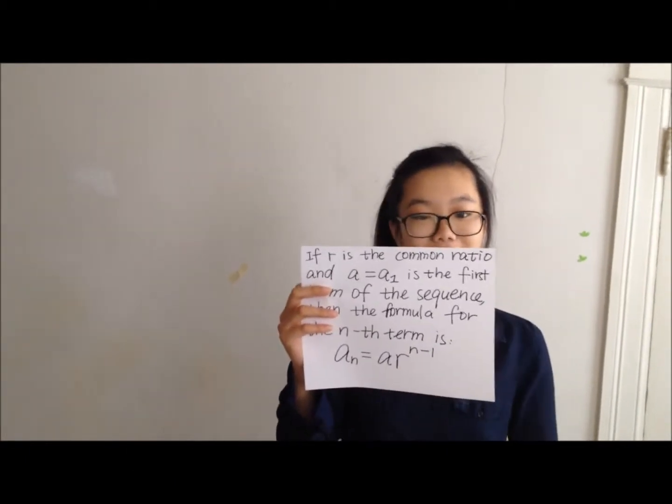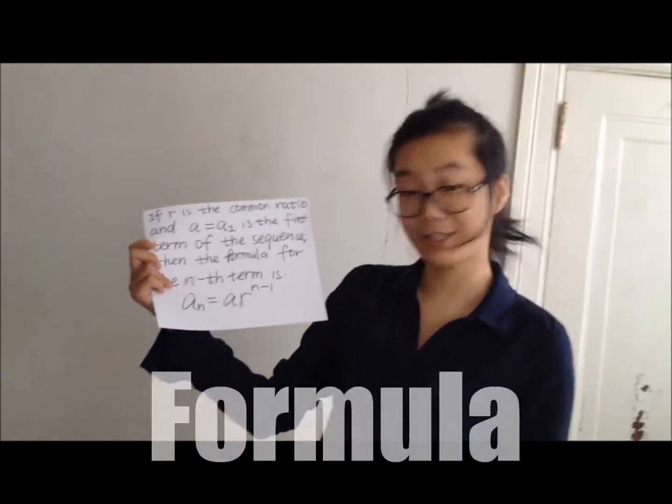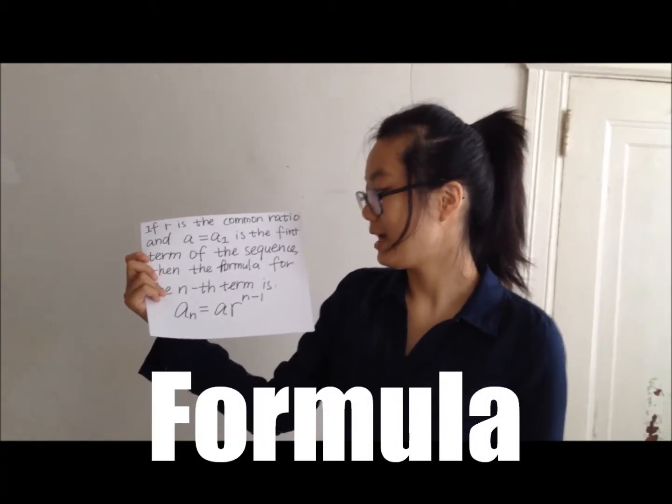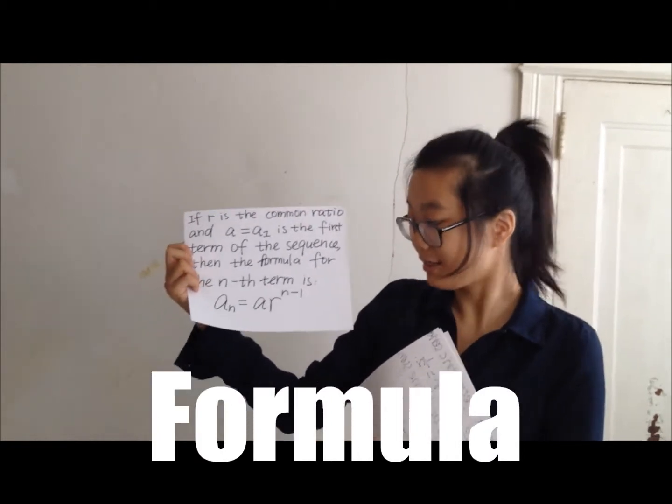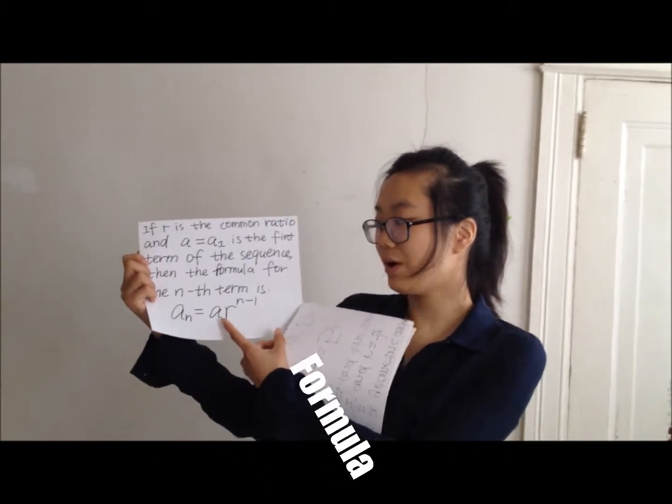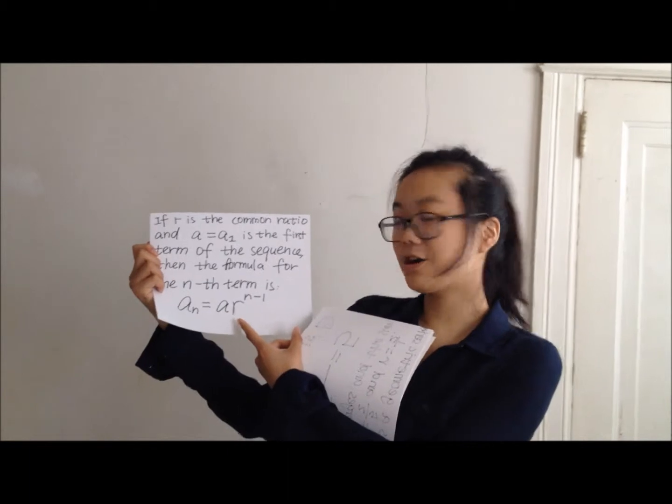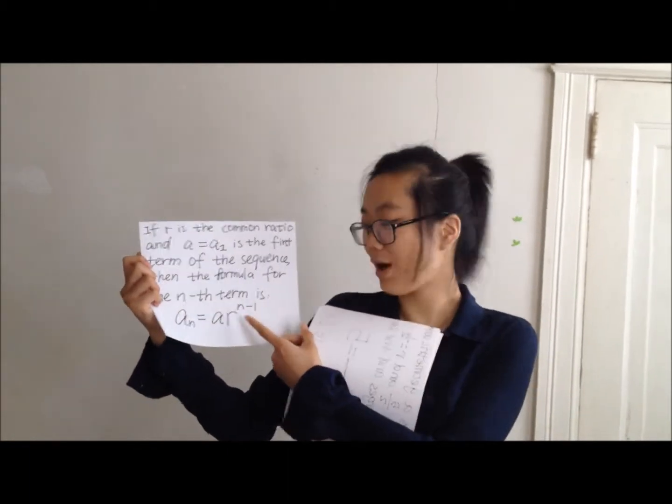If R is the common ratio and A equal to A1, which is the first term of the sequence, then the formula for the nth term is An equal to A multiplied by R to the n minus 1 power.